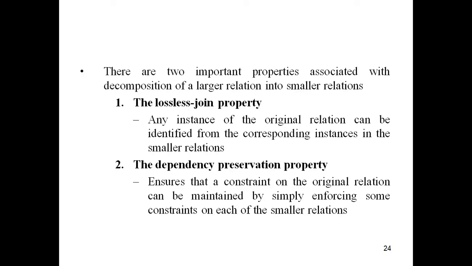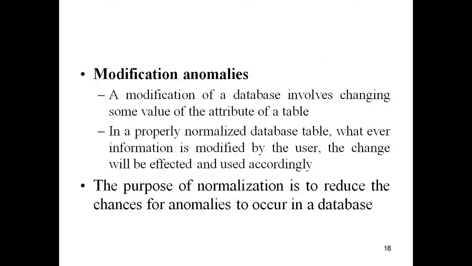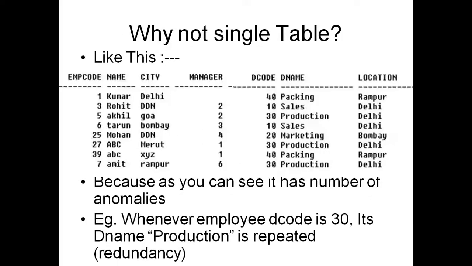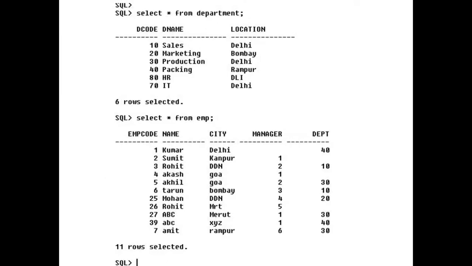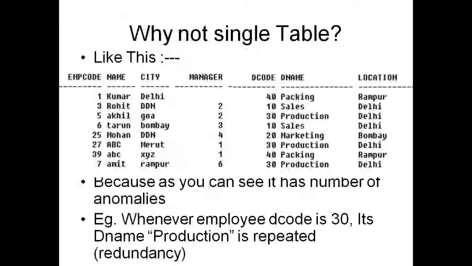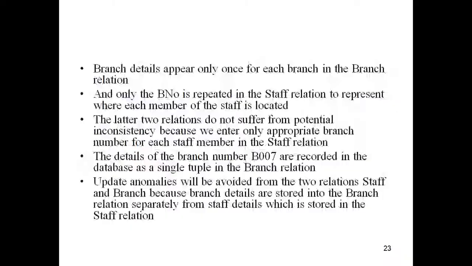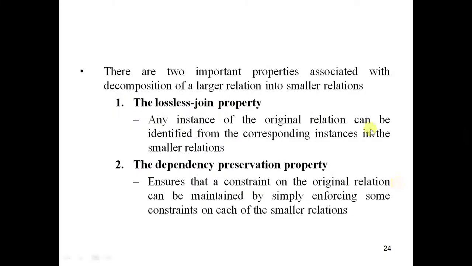There should not be any extra records. Like if we divide this table into these 2 and we perform a join on this, then again the original should be formed. That's the meaning of lossless join. And next is dependency.